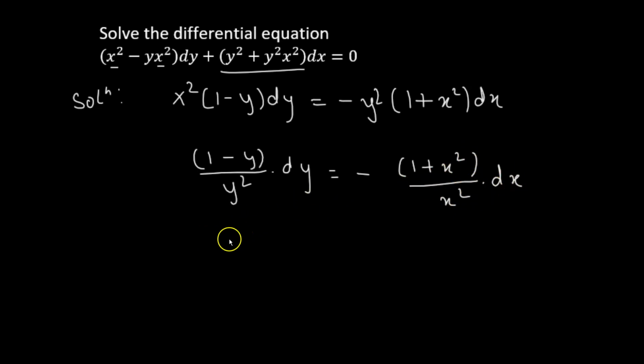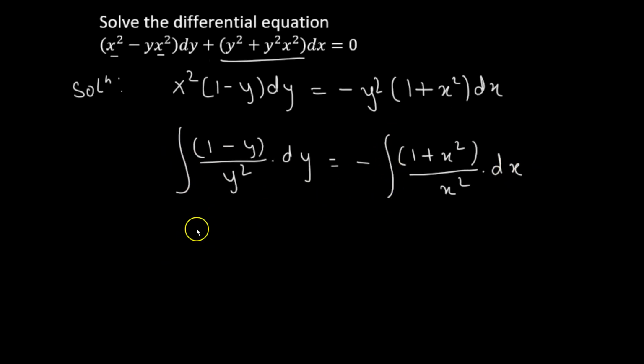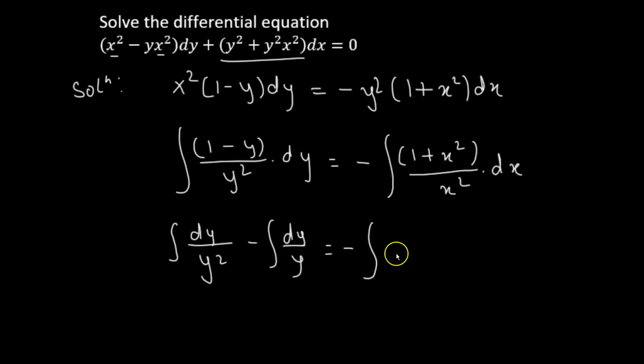So this is in the separable form, so we can integrate both sides. Let's rewrite this integral as dy over y squared minus y over y squared, so that will be dy over y, equals to negative integration of 1 over x squared, so that's simply dx over x squared minus x squared over x squared, so that's 1, which leaves us with dx.